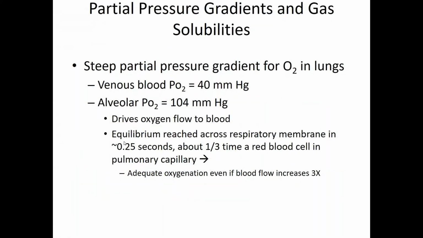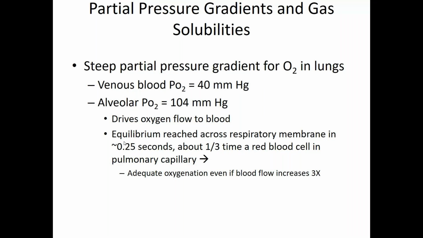Our partial pressures here are going to be the main drivers of gases into or out of the blood. There is a pretty massive pressure gradient for oxygen. Blood coming into your lungs is at a partial pressure of oxygen of about 40 millimeters mercury.